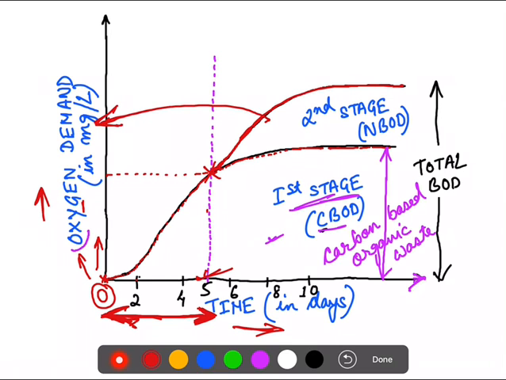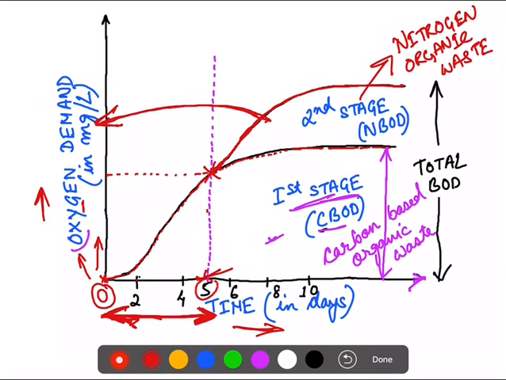Why is it demanding oxygen? It is demanding oxygen to oxidize the nitrogen based organic compounds, nitrogen based organic waste. That is why after day 5 suddenly there is a second graph which is increasing. That means there is an oxygen demand coming after day 5, and this oxygen demand is because of oxidation of nitrogen based biodegradable organic waste.